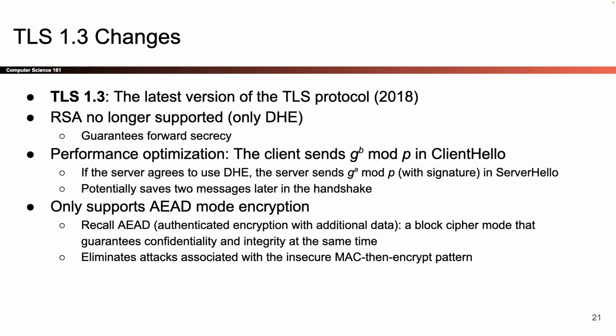And the final thing that was added in this latest version of TLS is, well, older versions of TLS used MAC-then-encrypt and encrypt-then-MAC, and you have to think about which one was more secure. Nowadays, modern TLS chooses one of those fancy modes that gives us both integrity and authenticity at the same time. We briefly saw those in the cryptography unit. TLS now uses those.